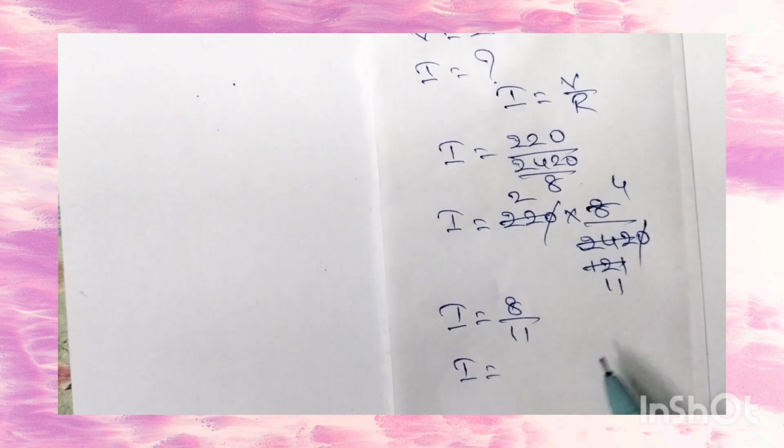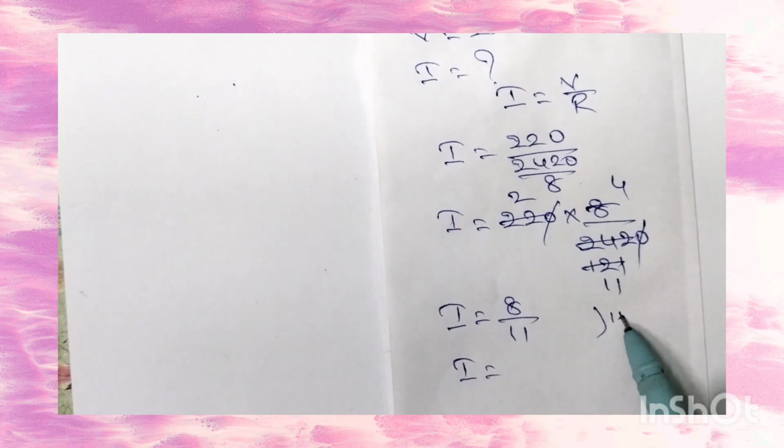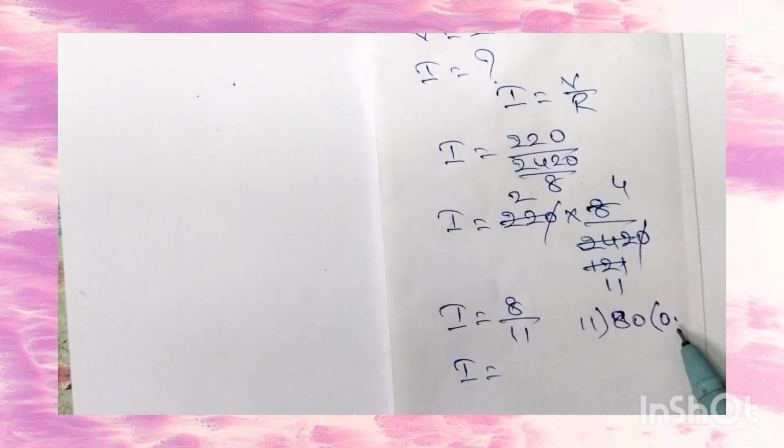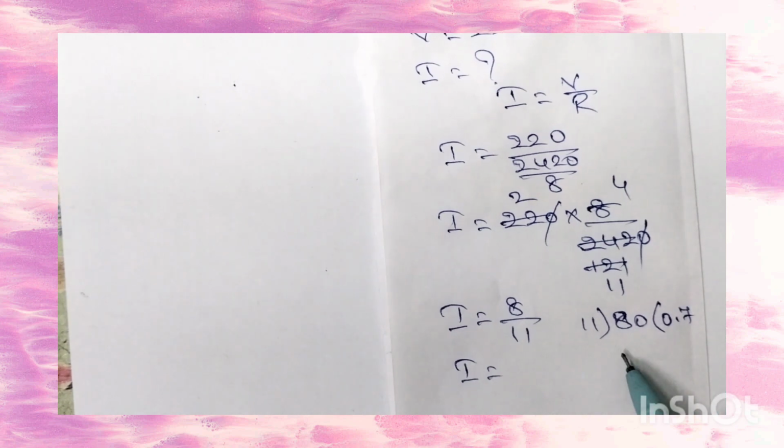Now let us divide 8 by 11. So 0 point, 11 7s are 77, remainder 3, then 0, 11 2s are 22.